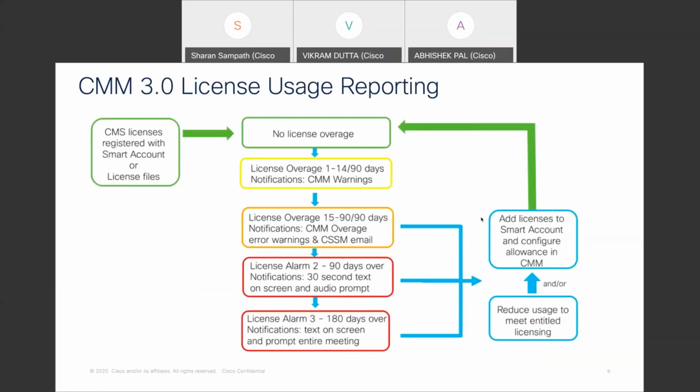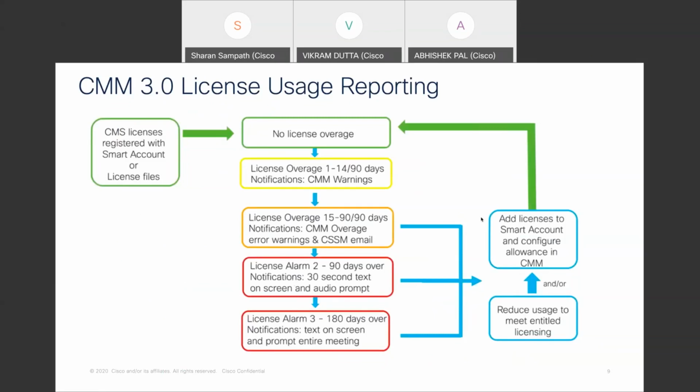They're completely licensed and everything is working well. The CMM is connected to the CMS, the CMM is connected to the CSSM for your smart licensing, and everything is working well. Let's say the customer keeps using the CMS and everything is within their entitled limit. There are no issues at all.